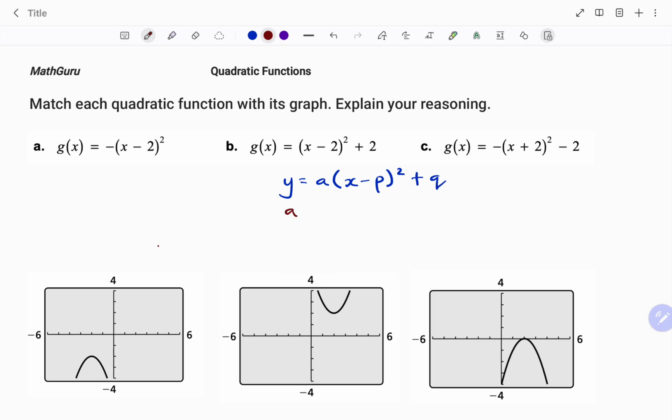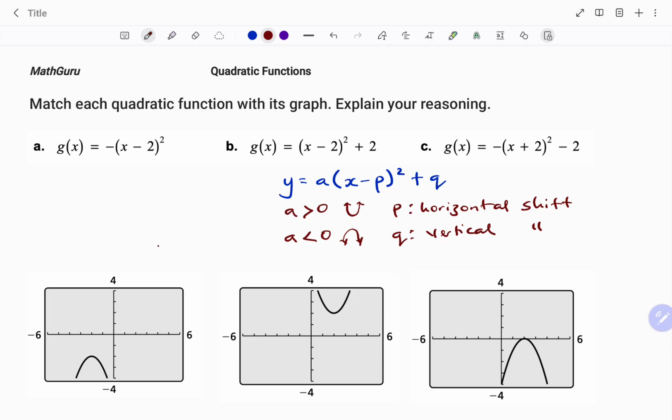That is, if a is greater than 0, or if it's a positive value, then my graph will be concave up as shown, or a smiley face. If the value of a is negative or less than 0, then my graph will be concave down, or a sad face. The p value determines my horizontal shift, and my q value determines my vertical shift.